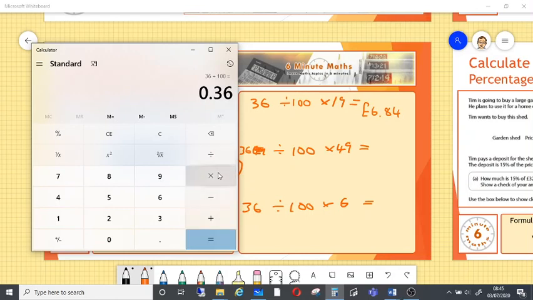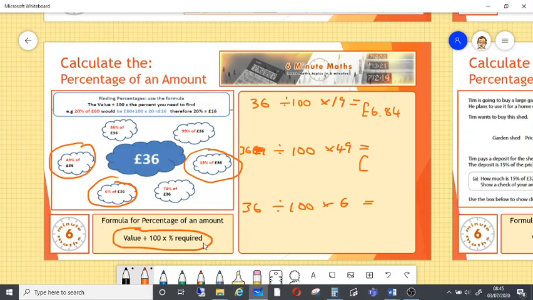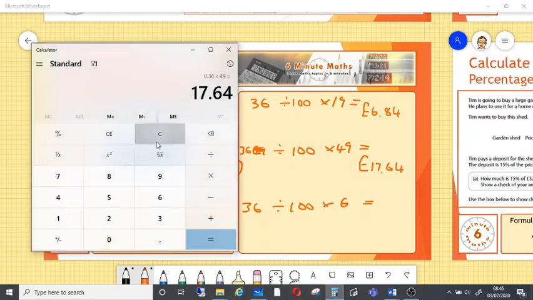Times by 49 will tell us what 49% is, which is £17.64. Okay, and the last example there, 36 divided by 100 finds 1%. Times it by 6 to find 6%, gives us an answer of £2.16.